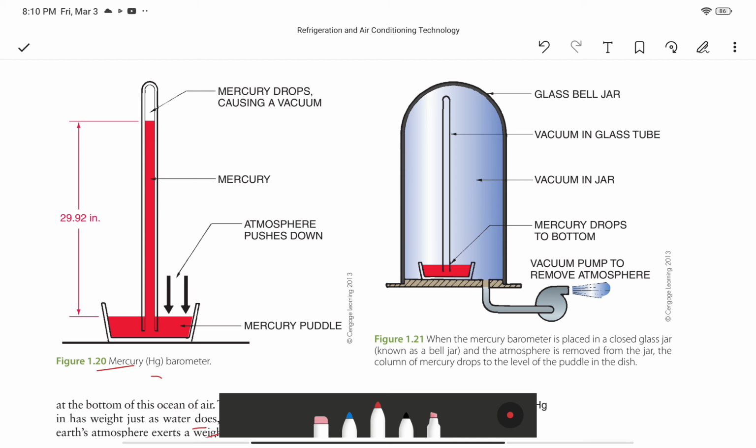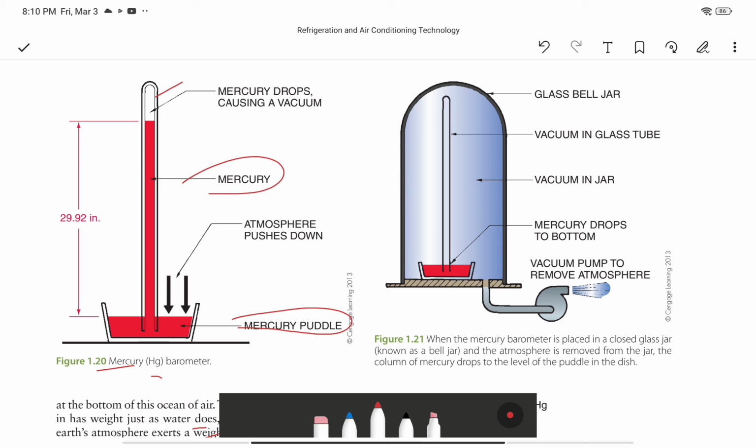So what you have here is mercury inside. This is the red one, and this is of course a tube, and this is the mercury. And you have a mercury puddle.